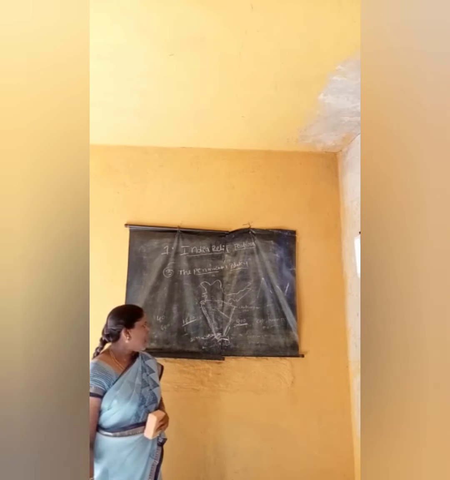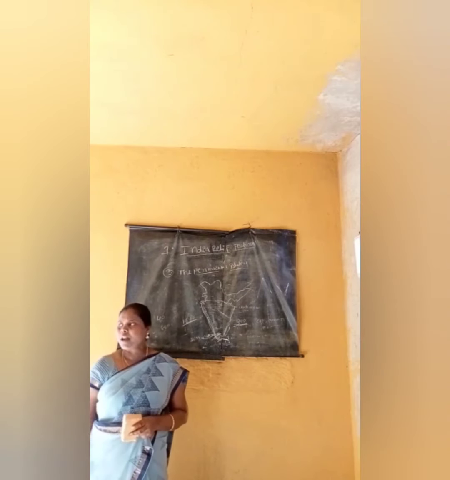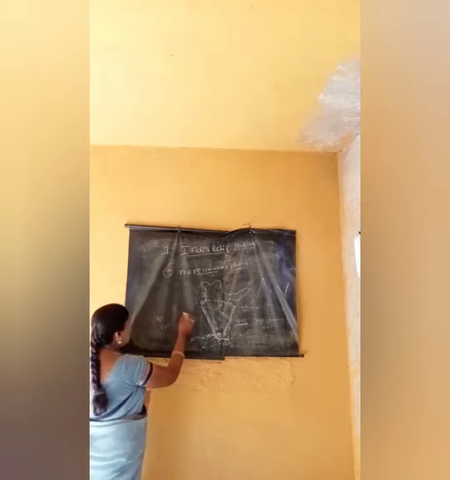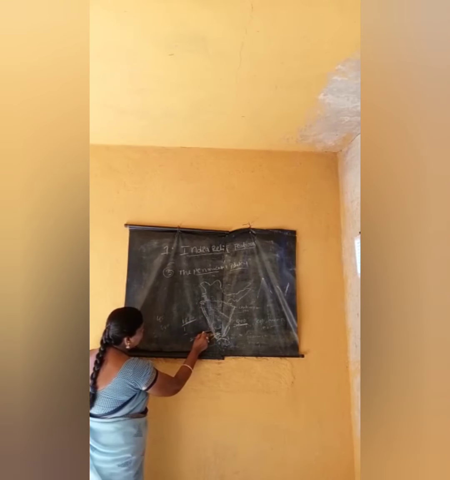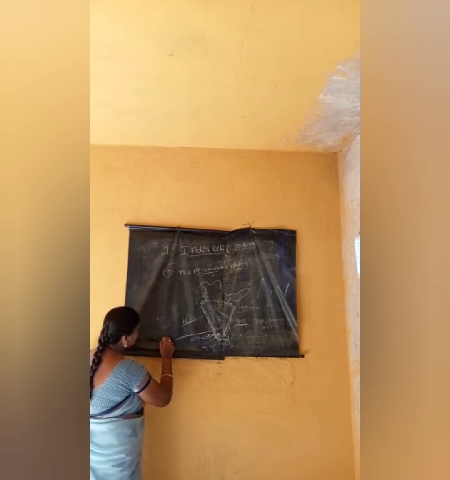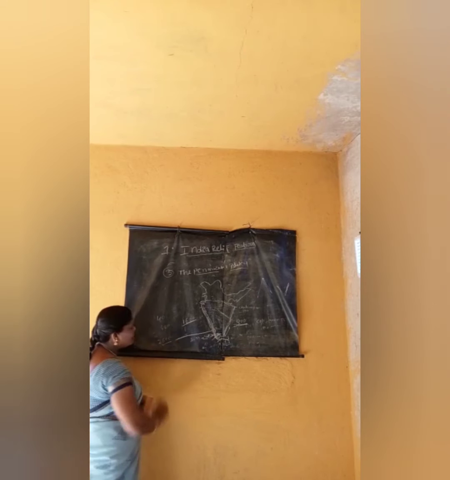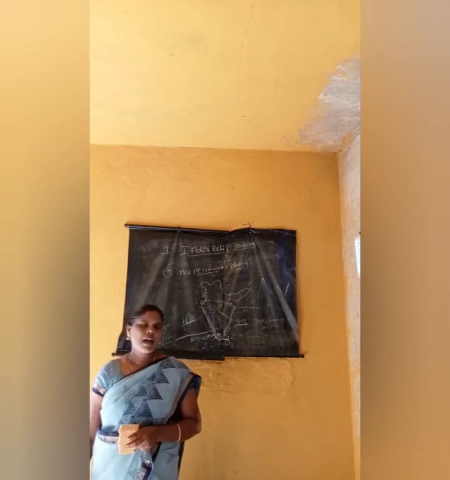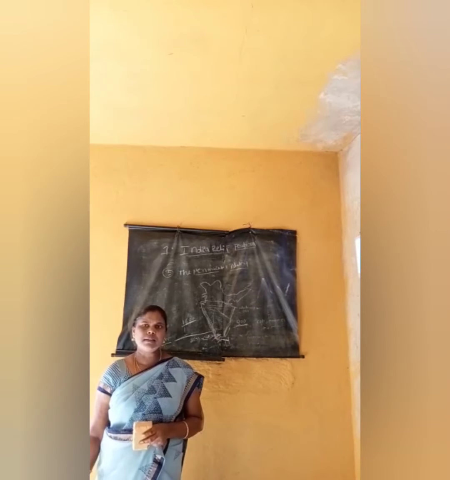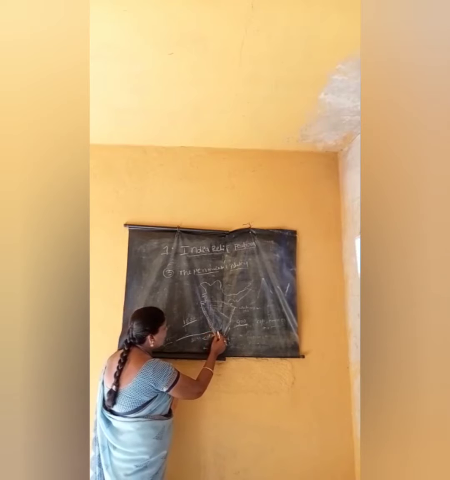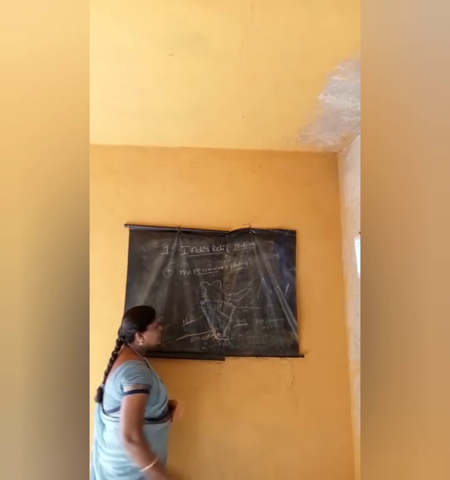So, Anaimudi, 2,695 meters, in the Anaimalai Hills, is the highest peak in South India, in Kerala state.